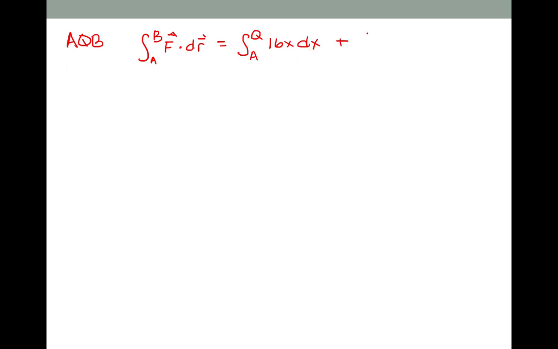And then I'm going to write it as the integral from Q to B. dr in this integral is only going to be in the y direction, so that's going to equal 2xy dy.